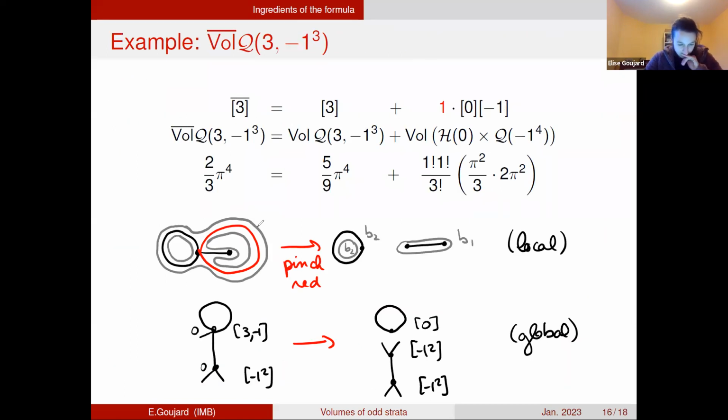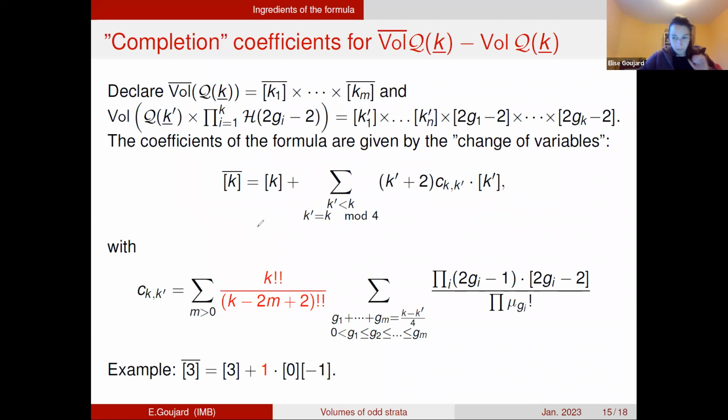Let me just look, because I want to finish it. Let me say now a few words about these additional terms that we get. Maybe it's now clear why we get additional terms, but let me give you first the formula. So if you remember, the formula that I gave at the beginning is that something that I defined as the completed volume, so the sum over stable graphs, is equal to the volume of the strata plus some additional terms that are some other volumes.